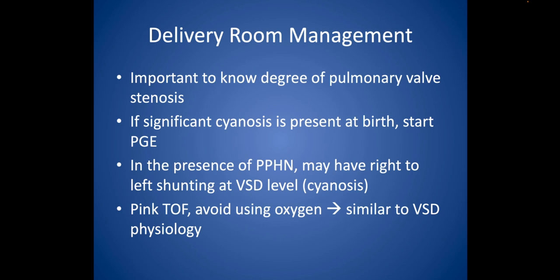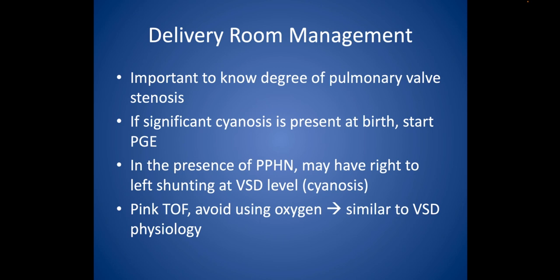When we talk about delivery room management, if prenatally diagnosed, it's important to know the degree of pulmonary valve stenosis, and that would be very helpful to know early on. If there is significant cyanosis at birth, when in doubt, starting PGE wouldn't hurt.